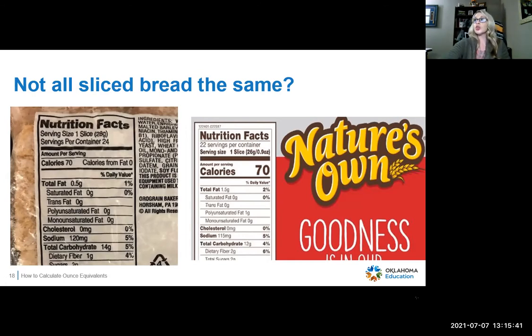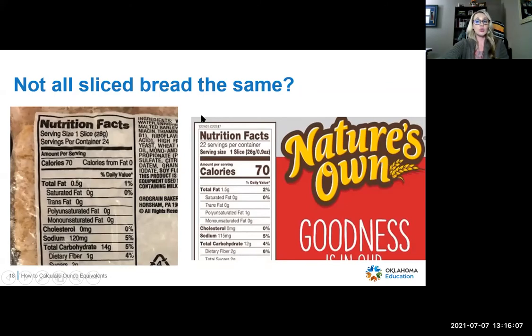If you are serving this bread right here that says 1 slice is 26 grams, you would need more than 1 slice for your older kids. It would be okay for those that are 5 and under. But if you had to serve a 28-gram slice of bread, this one over here on the right would not be enough.